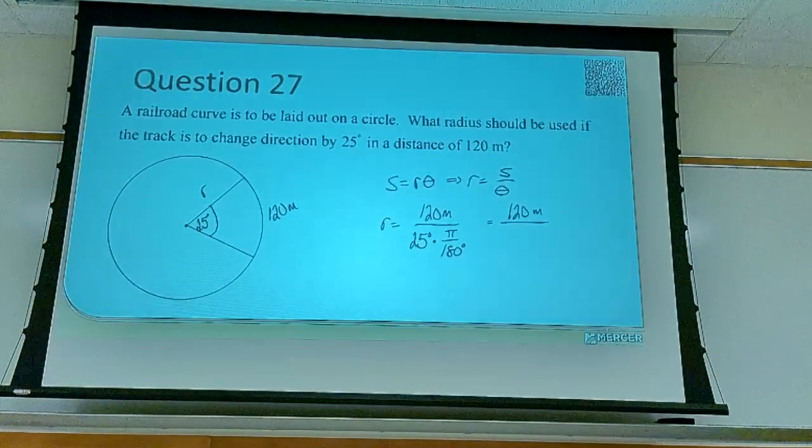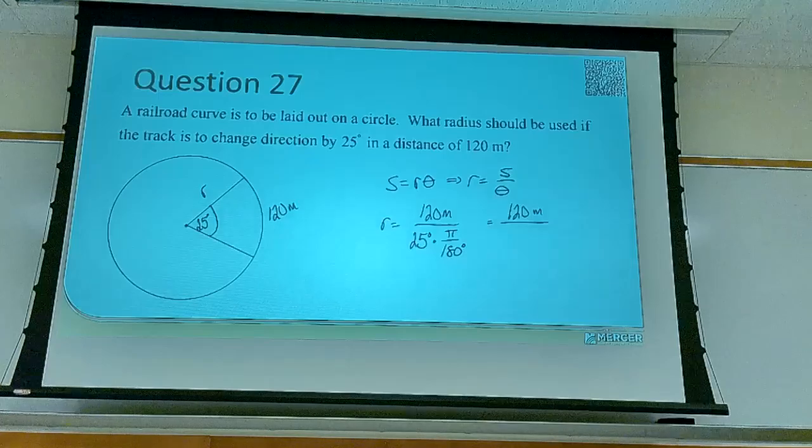25 over 180. They definitely have a 5 in common. Is that all we have in common? 180 is not a multiple of 25, is it? No, can't be. So they only have a 5 in common. So it's going to be 5 pi over something.